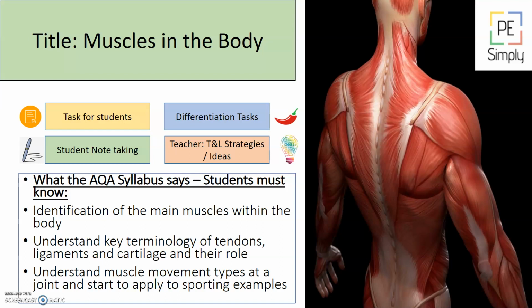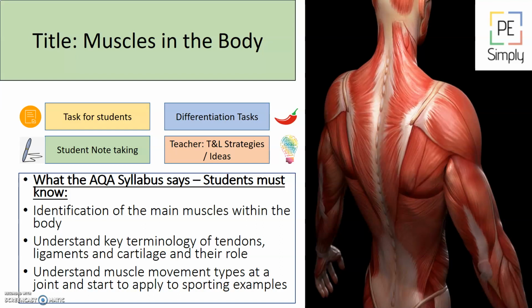So in regards to this particular topic, the syllabus requires students to be able to identify the main muscles within the body. So you need to know about 13 type of muscles in the body. You also need to start to recognize key terminology within this particular topic.